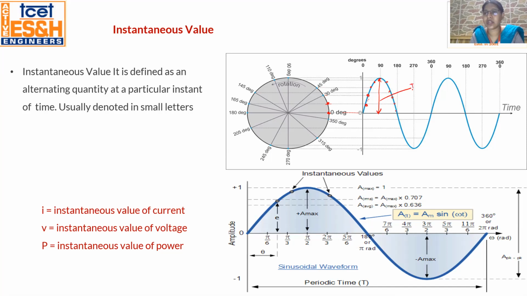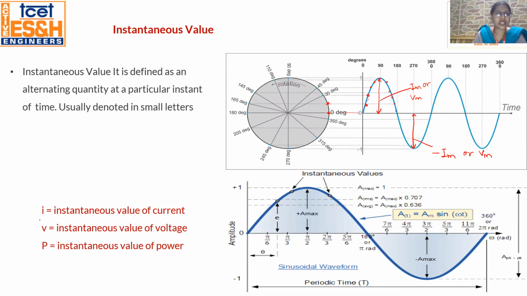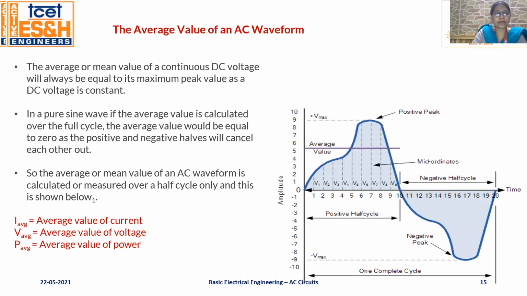It is nothing but Im or Vm. In the negative portion, it is again the same, but in the negative direction. So Im and Vm are the same all over. All the instantaneous values are represented by small i, small v, and small p.